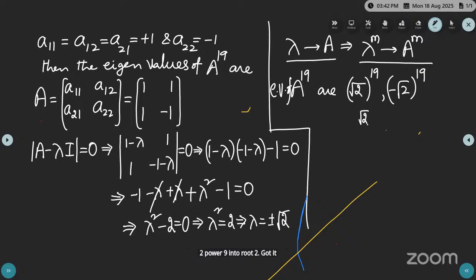Got it? So 2 power 4. What is 2 power 4? 16. Another 2 power 4. 16 into 16, what is it? 256. 256 into 2, how much? 512 root 2.